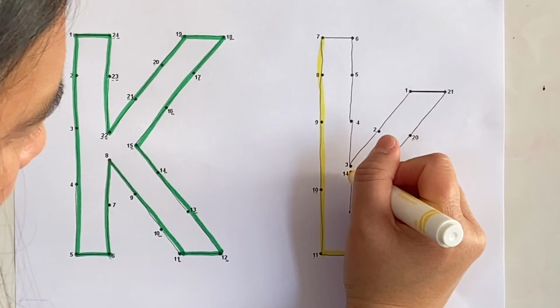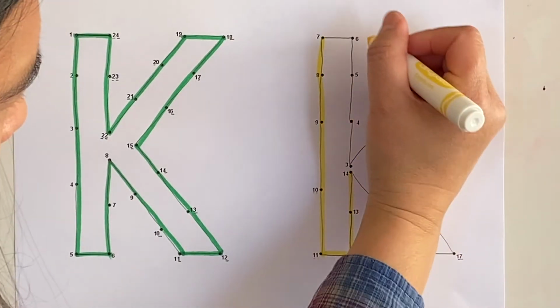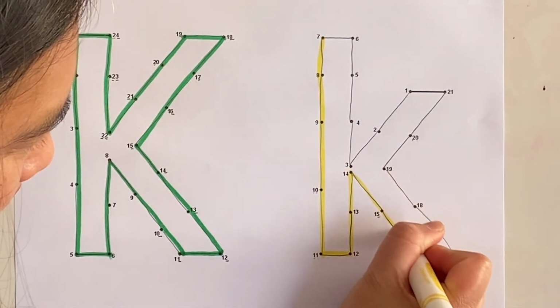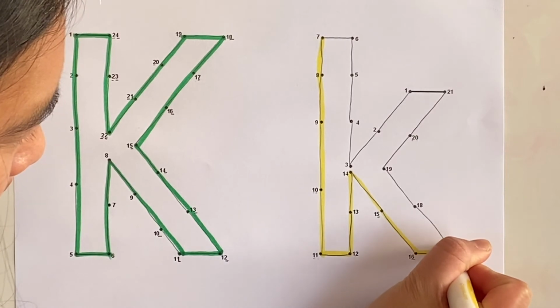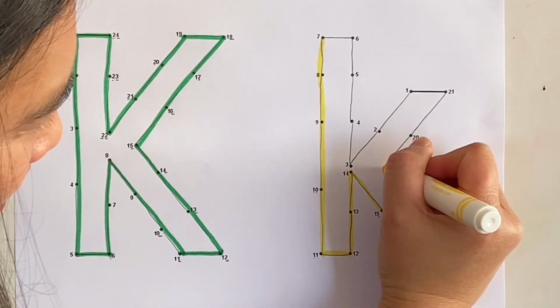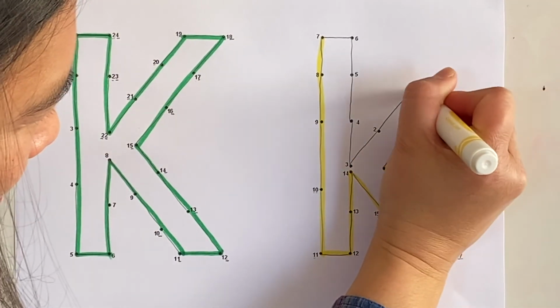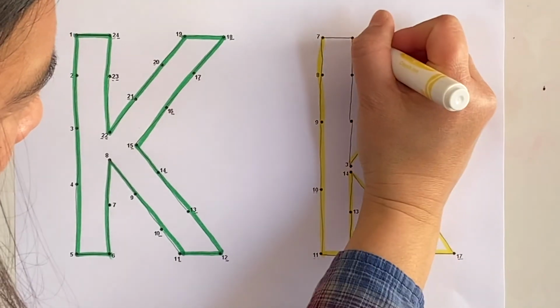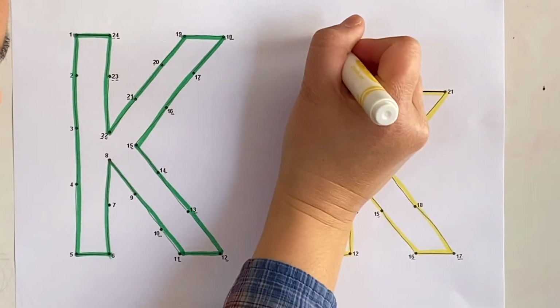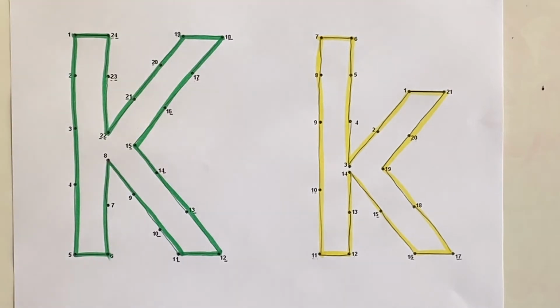Lowercase k gets a yellow. Done with tracing.